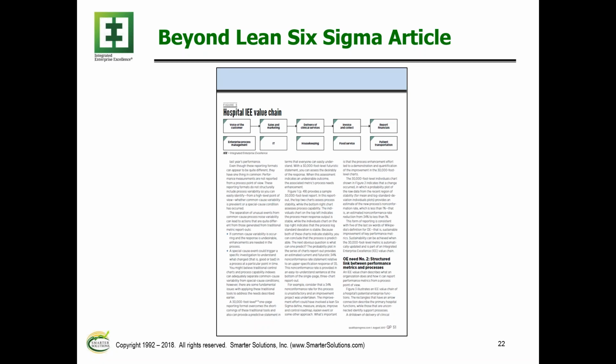So I want to examine data from a 30,000 foot level point of view and determine what I should be doing to address improvements in metrics. Now, maybe I've got high level unusual events and I need to talk about those, or I might just have common cause variability. So to illustrate common and special cause variability separation, I'm going to use an illustration.